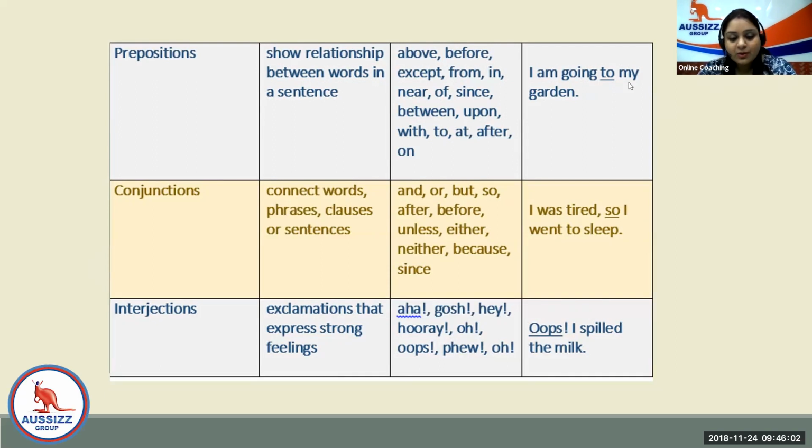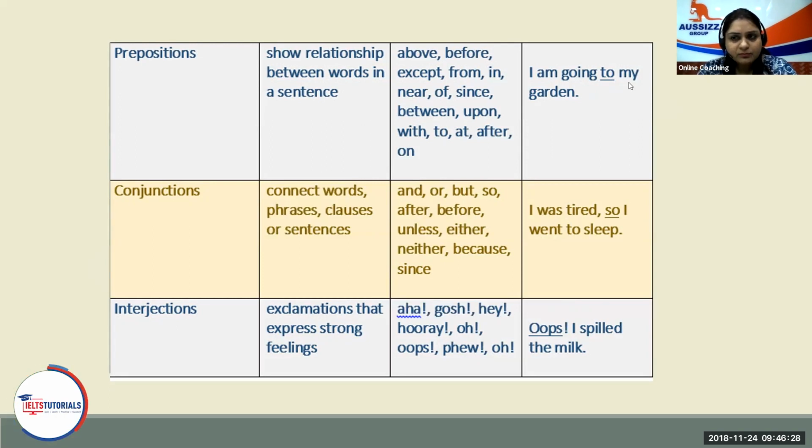Subordination is a basic, simple word: dependency. If one part of the sentence depends upon the other part, that is called subordinating conjunction. For example, I was tired, so I went to sleep. Here, so is basically the compounding part. Okay. So I went to sleep.